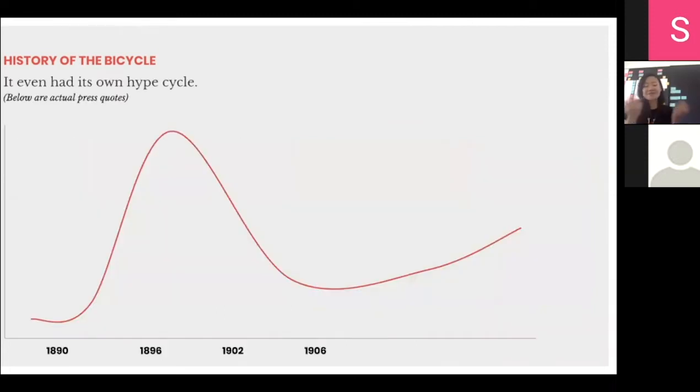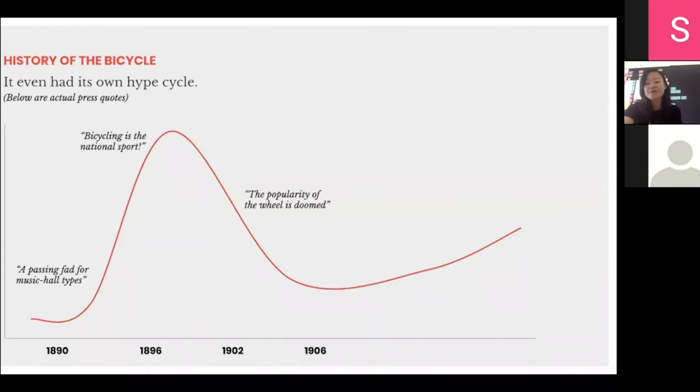But the funny thing about the bicycle was that it even had its own hype cycle. These are actual press quotes from newspapers of the day. In 1890, for example, I think the Washington Post said that the bicycle was a passing fad for music hall types, aka hipsters. Then at the peak, everyone was proclaiming that bicycling is the national sport, before falling down to the trough of despair and saying that the popularity of the wheel is doomed.